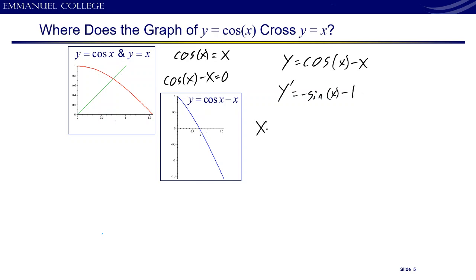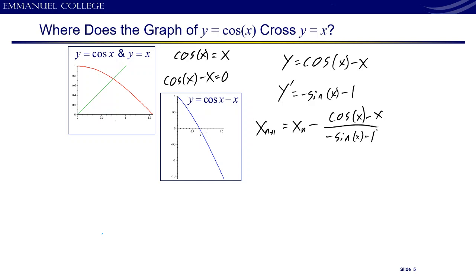So that means x of n plus 1 is going to be equal to x of n minus the function divided by the derivative, so cosine of x minus x, divided by negative sine of x minus 1.